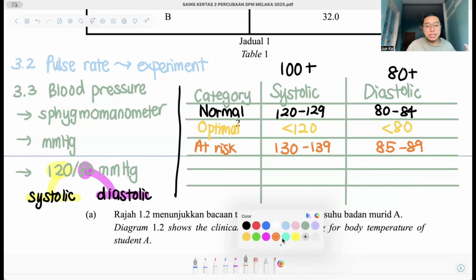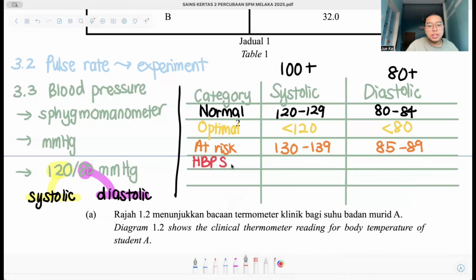Right now is high blood pressure, stage 1. Okay, I'm lazy to write already, so I just write like this. High blood pressure, stage 1. Systolic is 140 to 149. This is 89 and this confirm will be 90. 90 to 99.